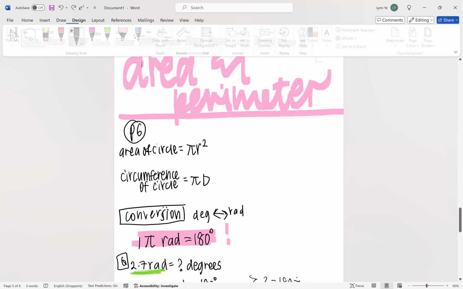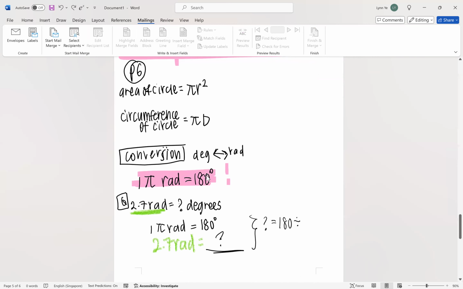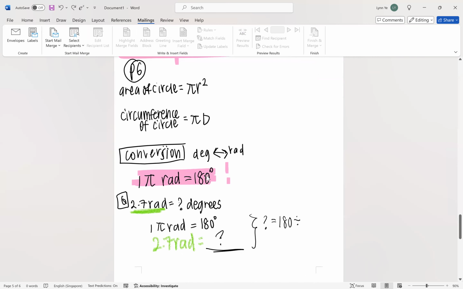180 divided by? Count this with pi. 180 divided by 1 pi. Do I need to put radian? No, it doesn't make sense. After that, followed by times 2.7.